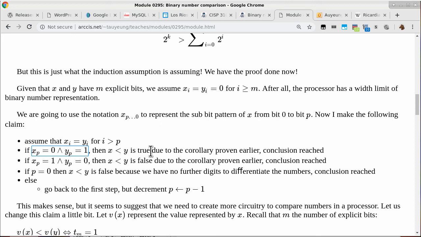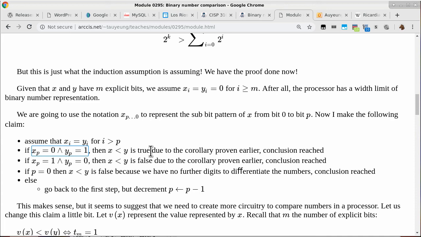Because the only time you can say, I don't buy this, is if you say, well, what if all the less significant bits of x are all ones and all the less significant bits of y are all zeros? Is this less than still going to hold? Well, based on the theorem that we have just proven, yep, the value represented by x would still be less than the value represented by y. This is the reason why I have to establish that particular theorem first. Is that okay? Yes? Do you guys see the connection between the theorem and what I'm claiming here?